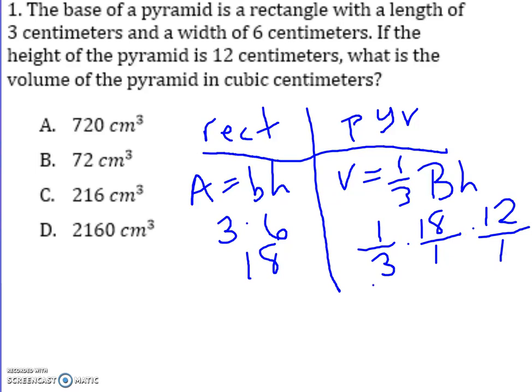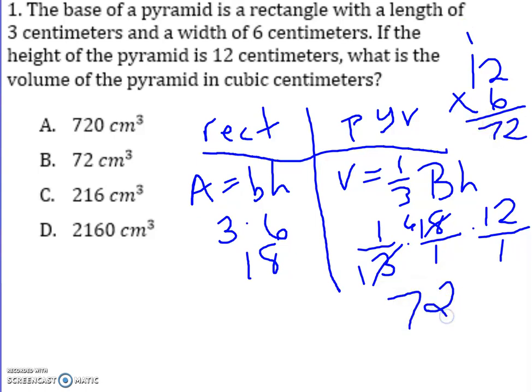We're going to simplify the diagonal. 3 divided by 3 is 1. 18 divided by 3 is 6. And then we have 12 times 6. 6 times 2 is 12. 6 times 1 is 6 plus 1 is 7, 72. So we have 72 centimeters cubed. B. Okay, let's look at number 2.